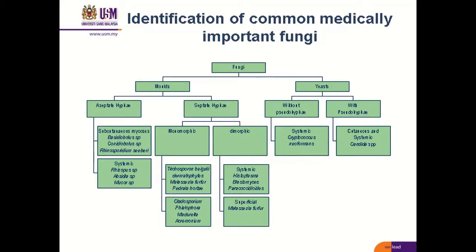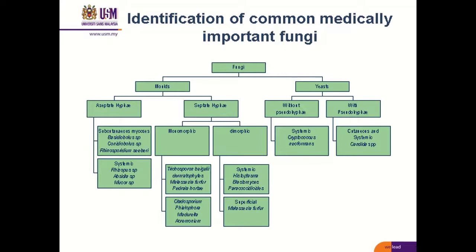And then there are molds which produce septate hyphae, so they can be monomorphic or dimorphic. The monomorphic include Piedraia hortae, dermatophytes, Malassezia furfur, and others include Cladosporium, Phialophora, Madurella, and Acremonium.